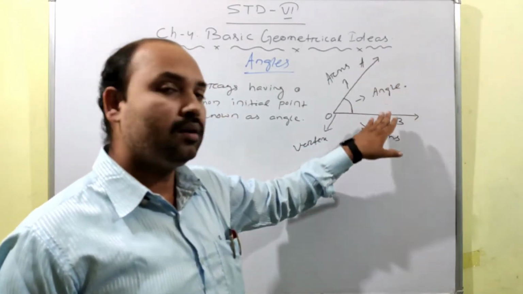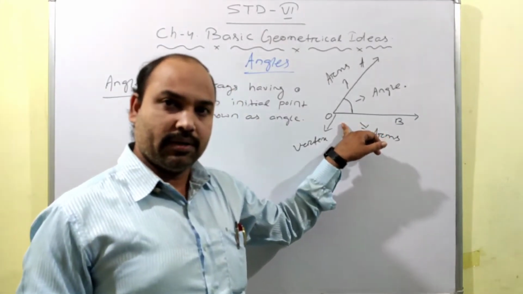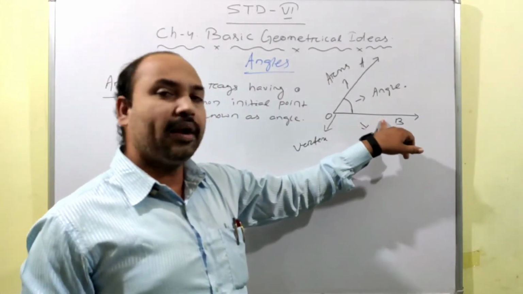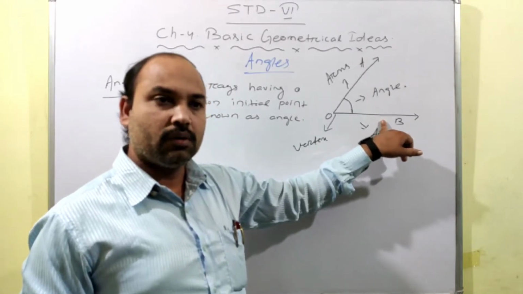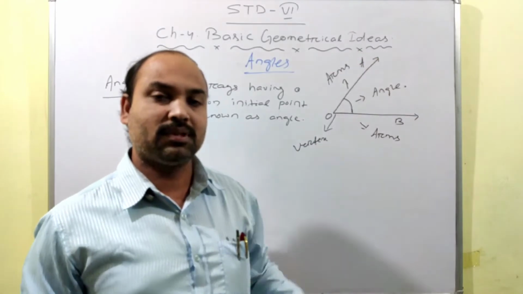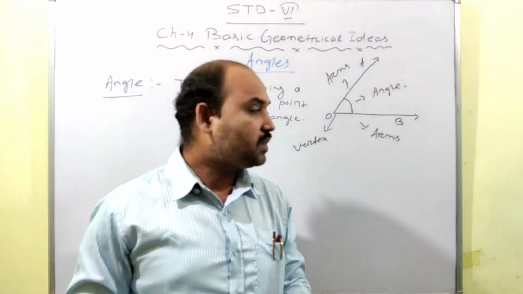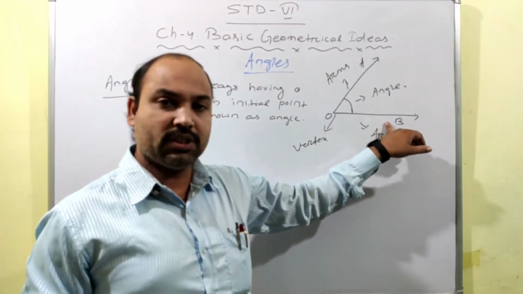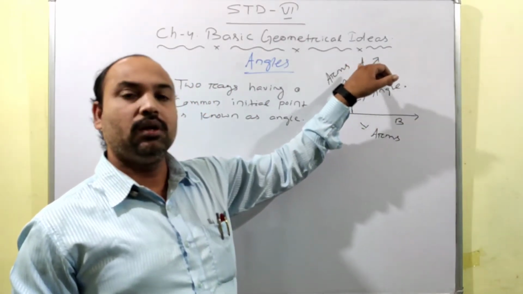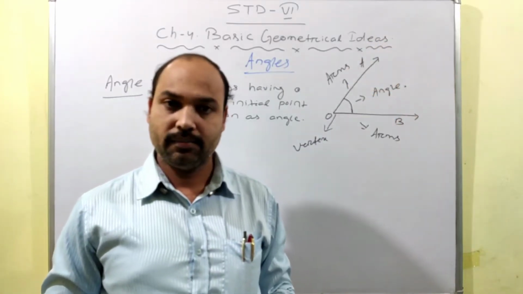It means when the angle is formed, remember that, from an initial point, when one ray moves some place or some gap, then that gap is known as your angle. It means the movement of the ray from the initial position to the final position is known as angle.